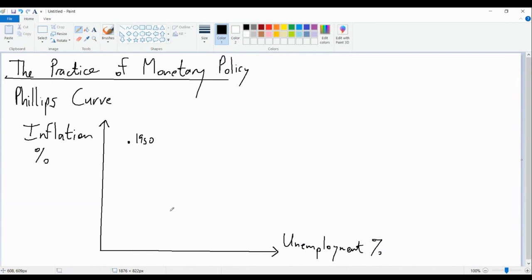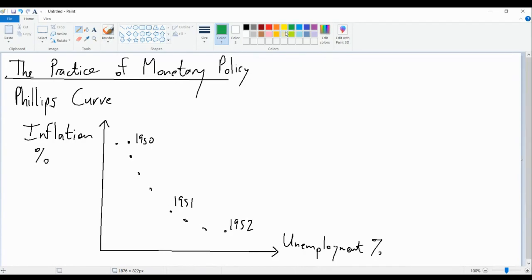And then in 1951, there was a 5% inflation rate and a 4% unemployment rate. So we plot it there. And then 1952 is somewhere over here. So we're just plotting the value of unemployment for that year against the value for inflation for that year, and you keep doing it year after year.